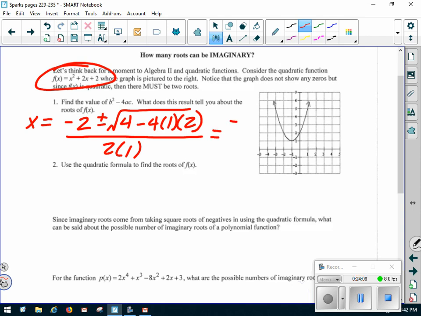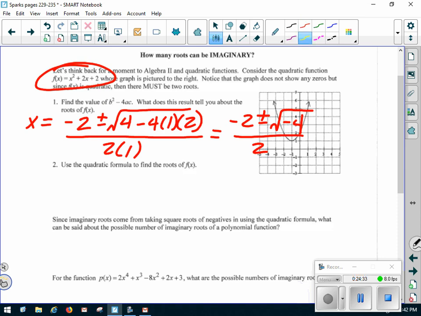Let's clean it up. What goes under the square root? Negative 4. Houston, we have a problem. Why? Because you can't have a negative square root.